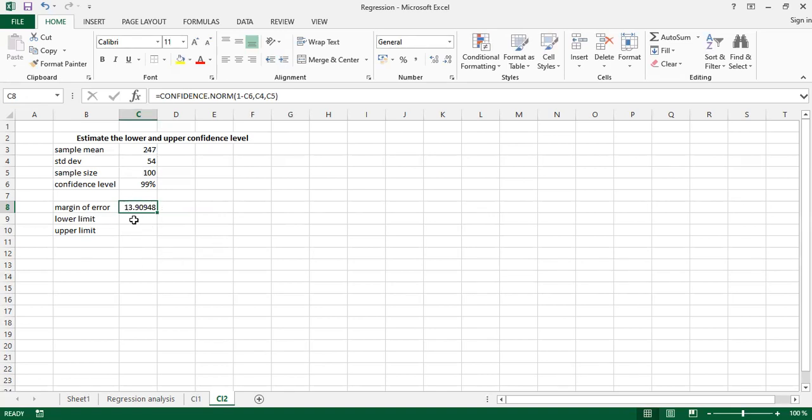Here equals this one minus this one, enter, and here equals this one plus this one, control enter. I think now you have just understood the basics of confidence interval, so you can relate to what we've been doing.